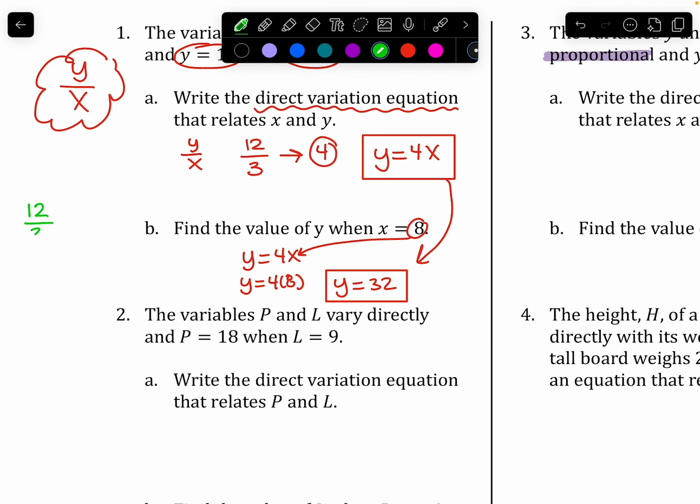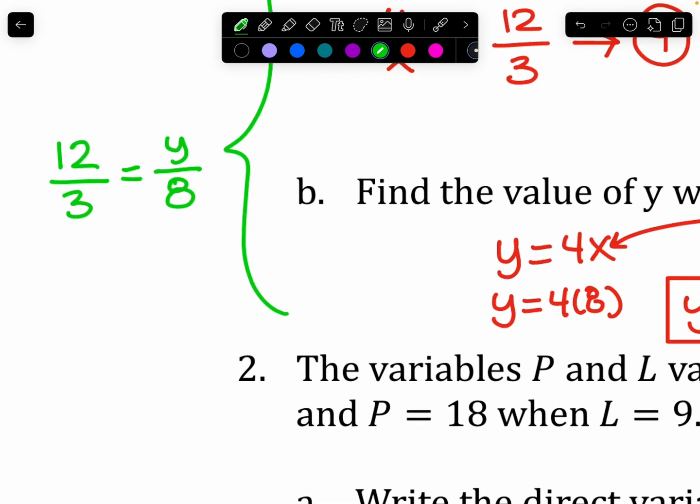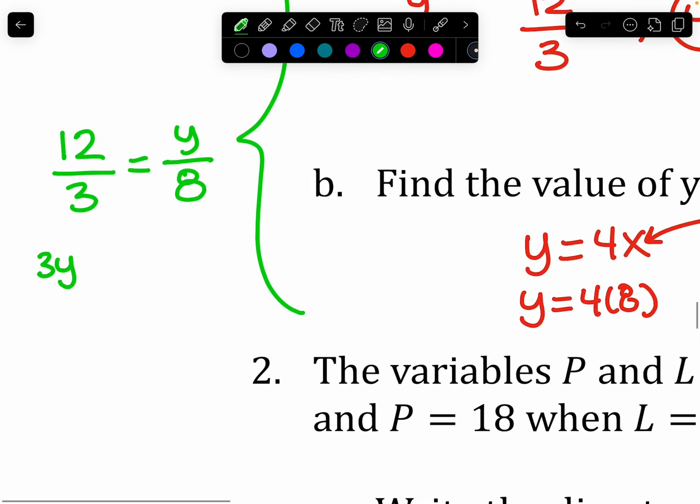Now, I can show you kind of what this looks like whenever we use proportions. It told me at the beginning that 12 over 3 was my proportion that I needed to set up. And I can set that equal to, it tells me find the value of y when x is 8. So here I've set up a proportion, okay, using both of these pieces of information here.